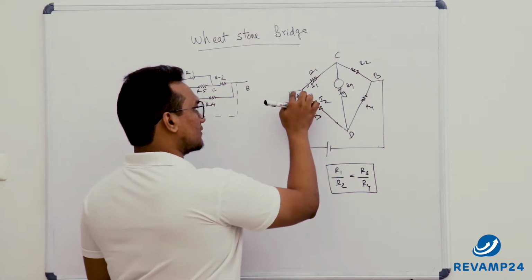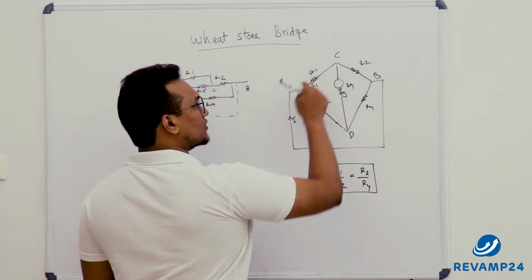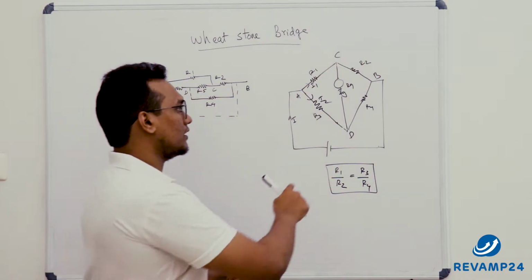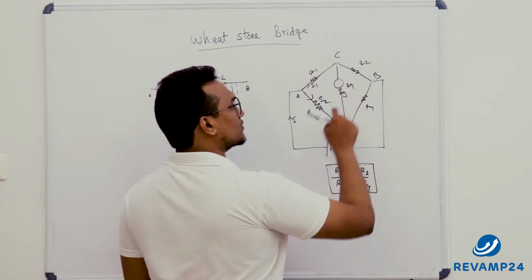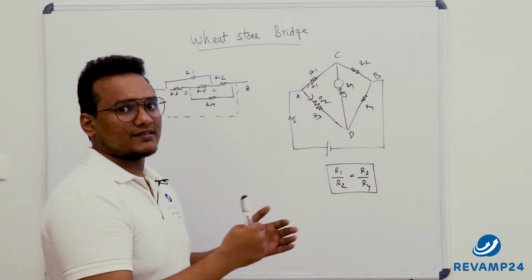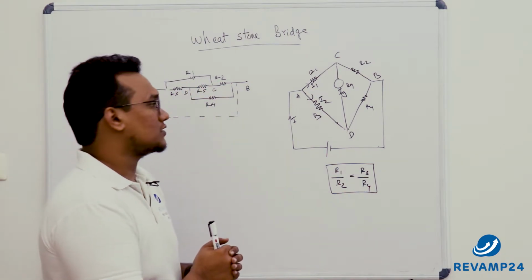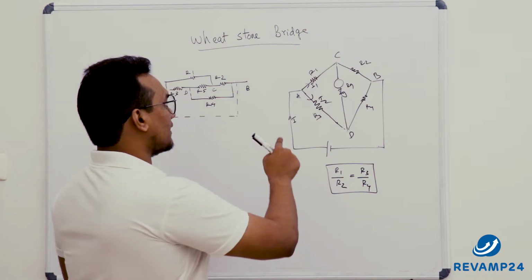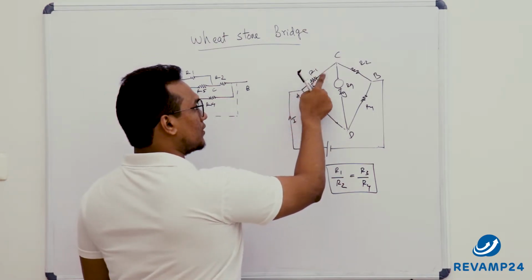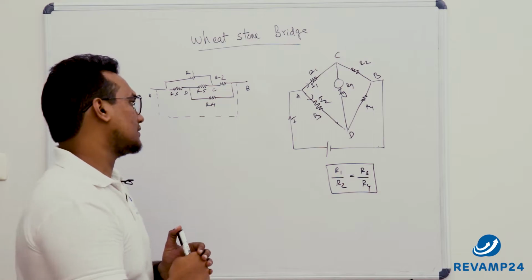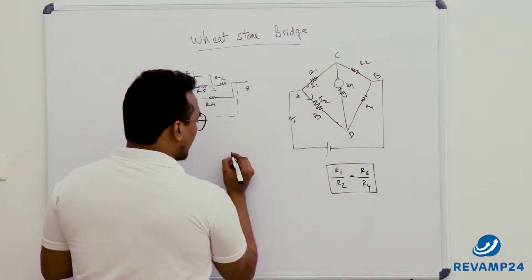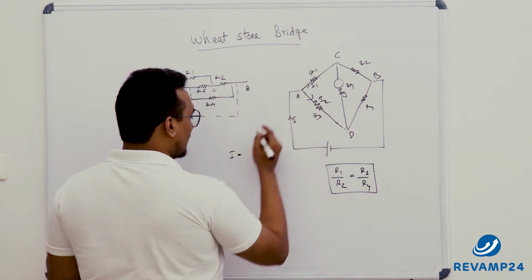Because this is a junction, three directions are there. Here also we can apply junction rule, here also junction rule. What is that? First rule of Kirchhoff's law. Total current entering the junction will be equal to total current leaving the junction. So what is the total current entering the junction? I. What is leaving the junction? I1 plus I2.